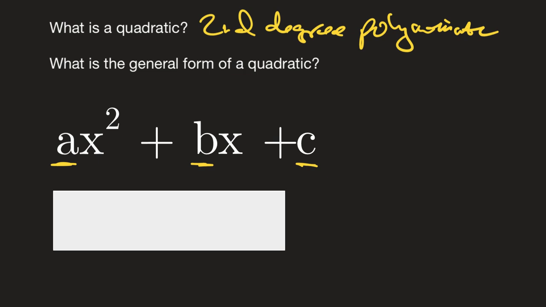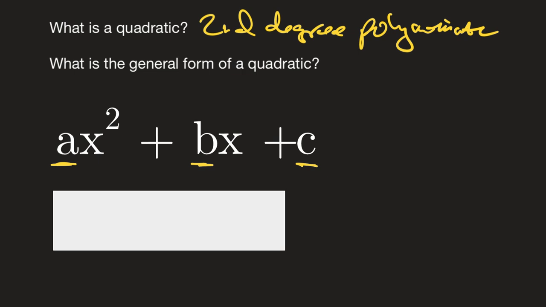The b is always going to come with the single x, or the single variable. And the c is always going to be your constant number, which is your number that does not have any type of variable or letter with it. That's the big thing about that general form: a always comes with x squared, b always comes with x, and c is always your constant number.